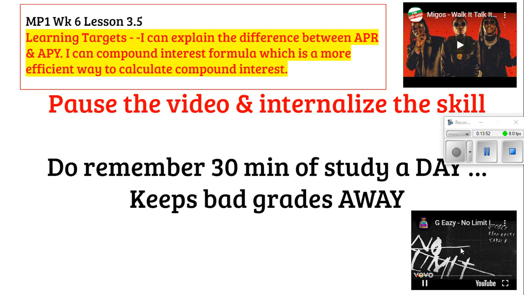Again, learning target is I can explain the difference between APR and APY, and I can use the compounding interest formula, which is a more efficient way to calculate the compound interest. Okay, pause the video, maybe rewind it a few times if needed, and then get started on those practice problems. Remember, 30 minutes of study a day keeps bad grades away.